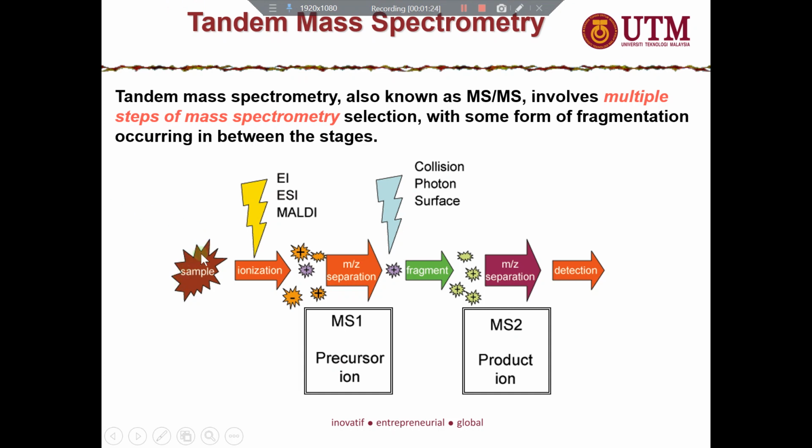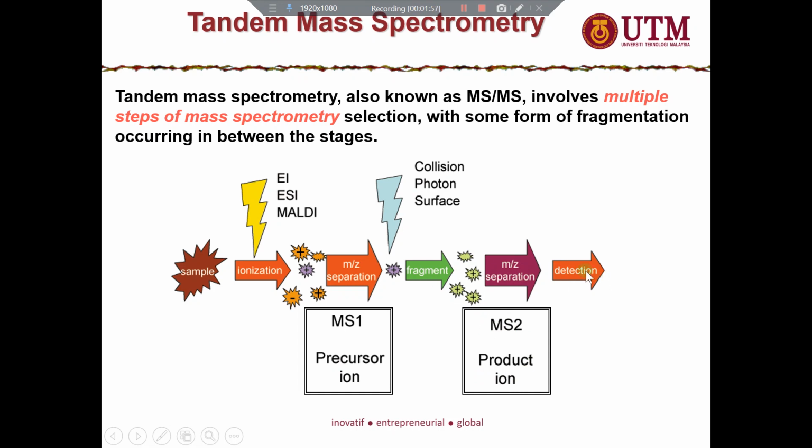So again, your sample will go through ionization here, and here you will go through the mass analyzer, and you will get your precursor ion. From the precursor ion, you further ionize it into daughter ions, or product ions, and then it undergoes a second mass analyzer, and then detection.